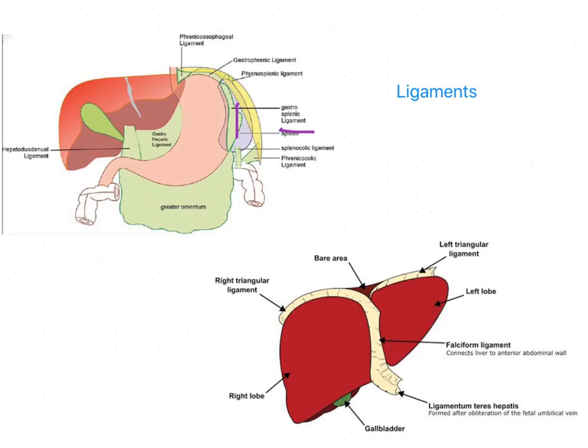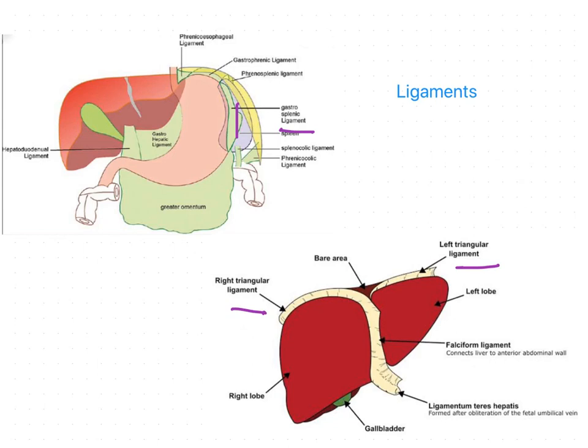Other kinds of folds are named based upon their shape, called triangular ligaments. These triangular ligaments, for example, are seen on the liver. If you look, this is the left triangular ligament and the right triangular ligament.